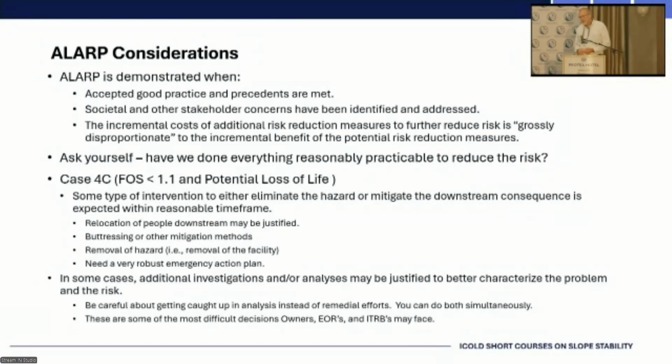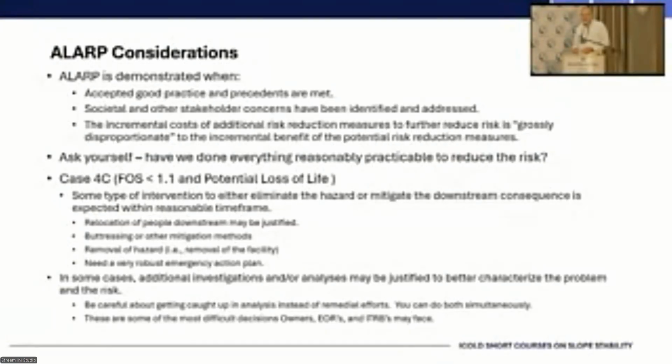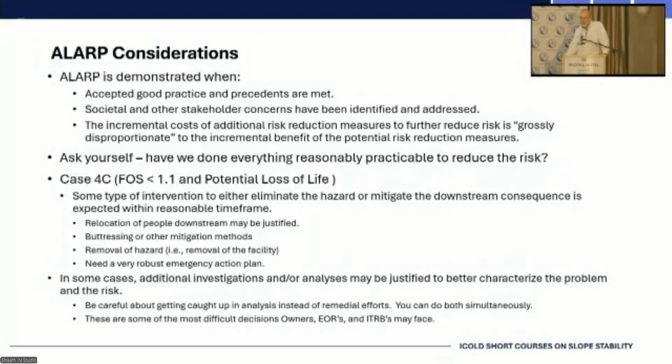You either need to reduce the consequence, so take people out of harm's way, and so there may be a removal of people from the downstream hazard zone, or there could be a reduction of the likelihood, and that would be by implementing some type of engineering control. So that could be a buttress, that could be constructing a berm downstream that would deflect a potential failure. That could be some type of in situ ground improvement methodology.